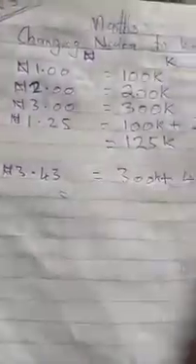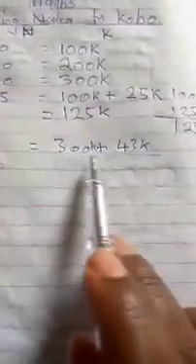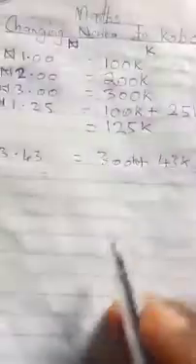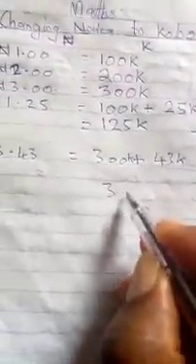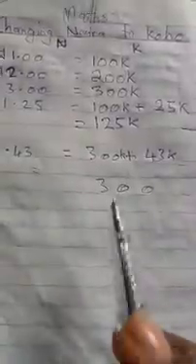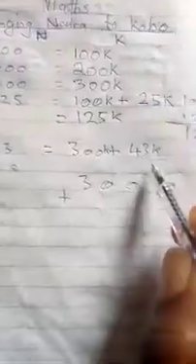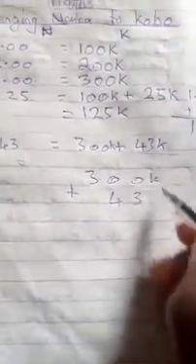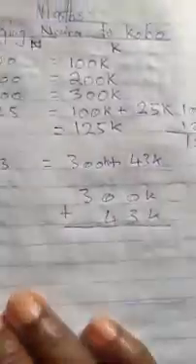So now we are going to add this 300 plus 43 to get our answer. Then you come here, you write your 300 plus 43 Kobo. So now we are going to add. 0 plus 3 will give us 3. 0 plus 4 will give us 4.